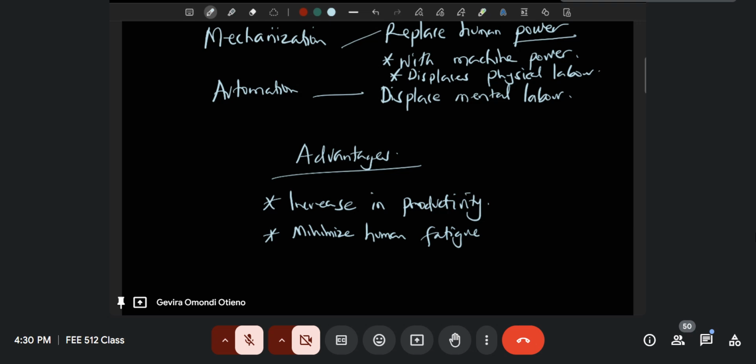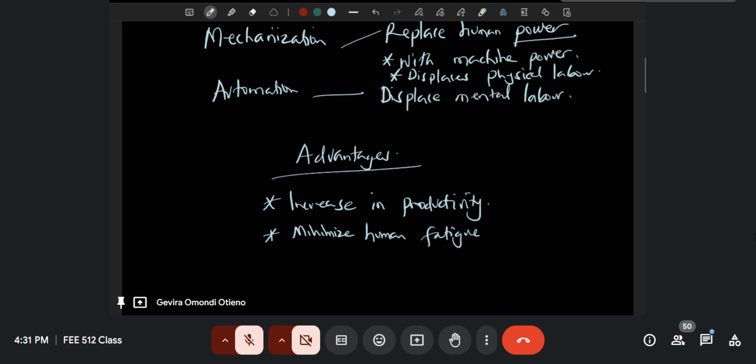Because the muscles could work day and night until they tear apart, but it is the brain that controls it based on the availability of energy in your body. So to minimize human fatigue, because a lot of industrial processes are repetitive. You're doing something in a repetitive manner, you want to do it very fast, and you want to do it over a long period of time. So you want to minimize human beings doing that, because human beings get tired very fast.